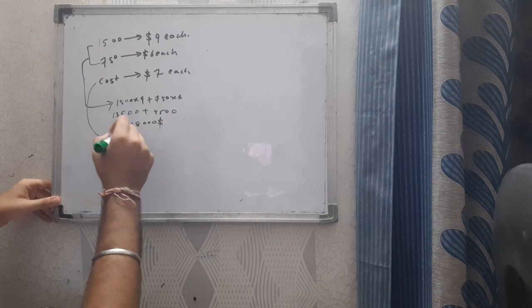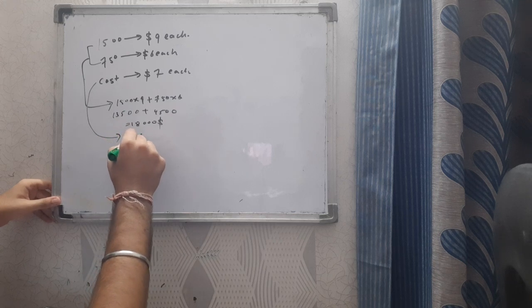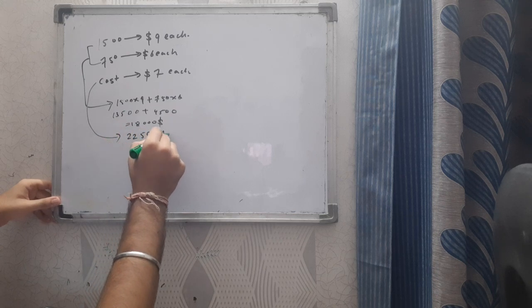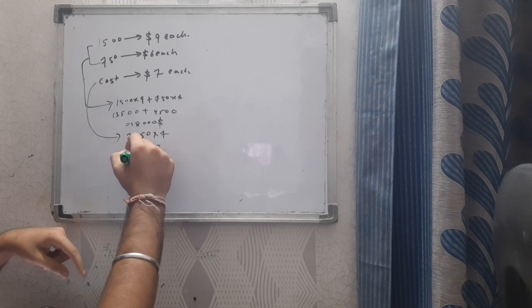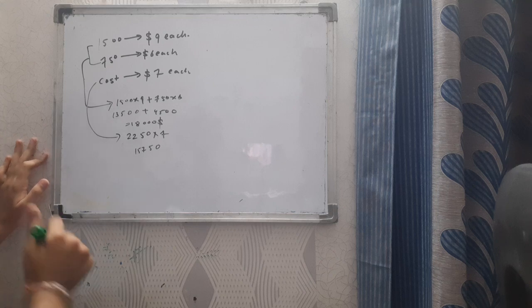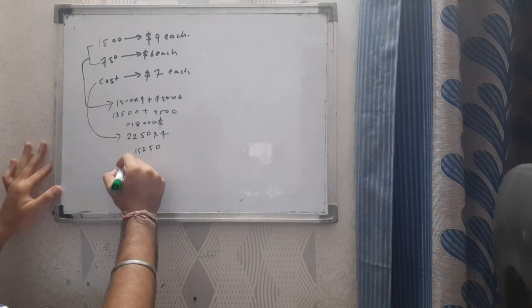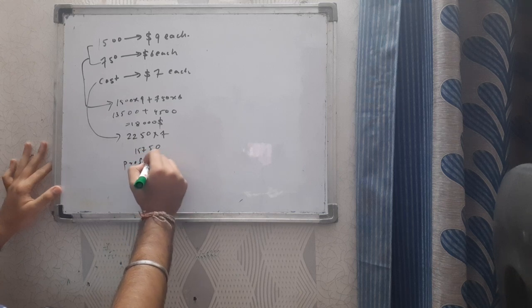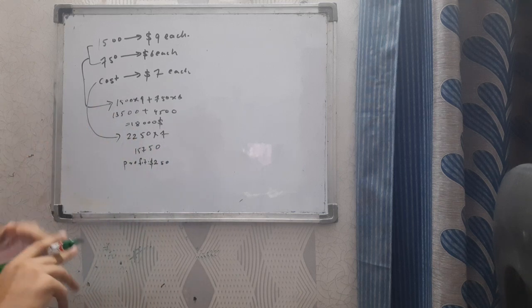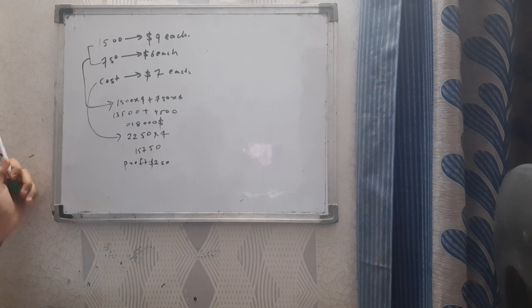And the total cost, let us calculate, would be 2250 into 7, which is 15750. So the profit is $250. Okay, that was the first question.